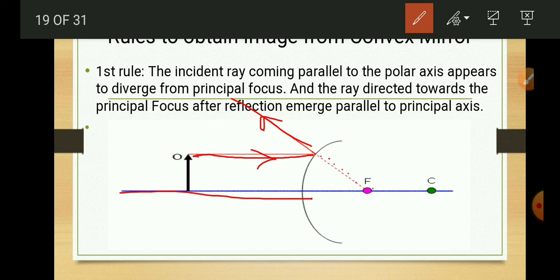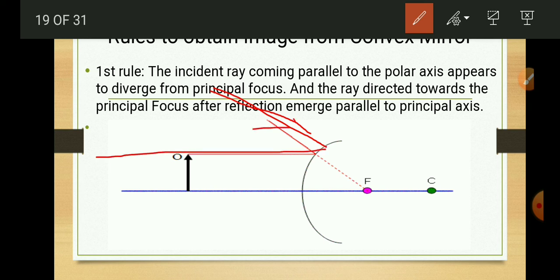If we extend this reflected ray behind the mirror, it will appear that it diverges from the principal focus, and the ray directed towards the focus will emerge parallel to the principal axis. If this is the ray directed towards the principal focus, then after reflection it will go parallel to the principal axis.